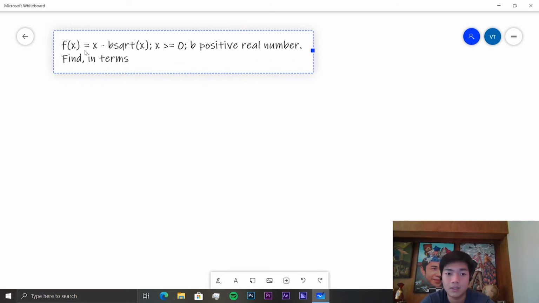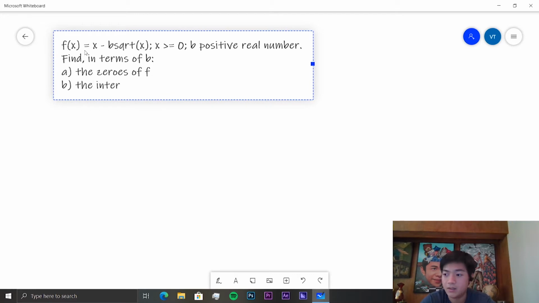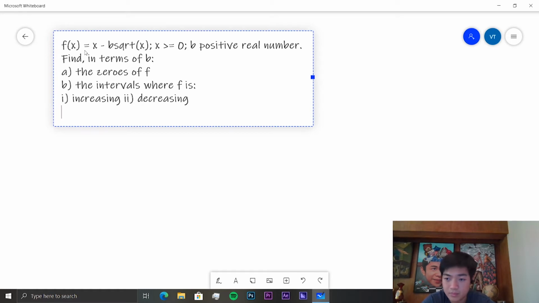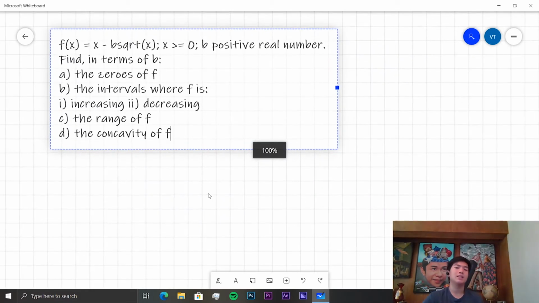Find, in terms of b, the zeros of f, the intervals where f is increasing and decreasing, the range of f and the concavity of f. Okay, so first we need to find the zeros of f.